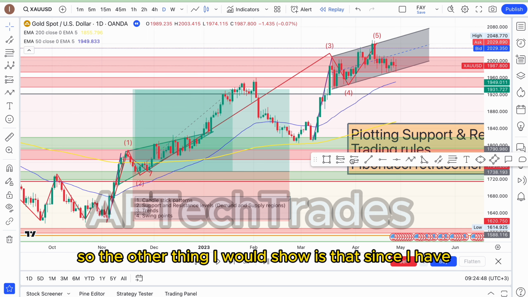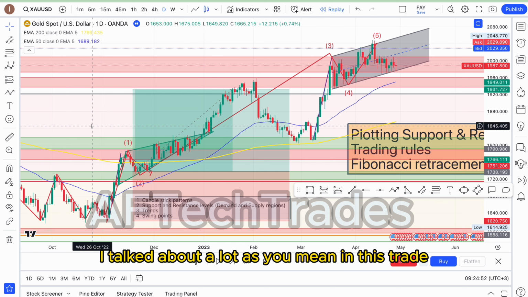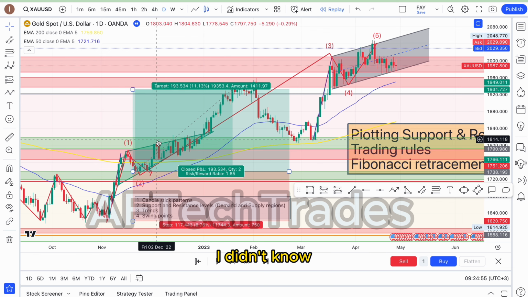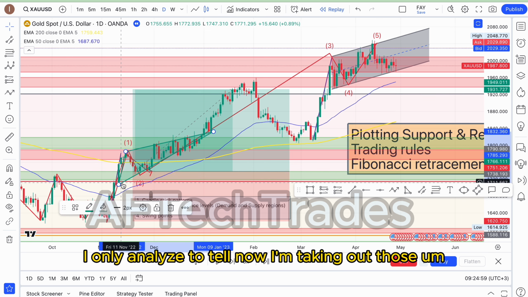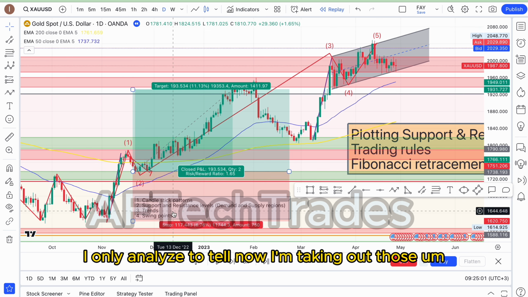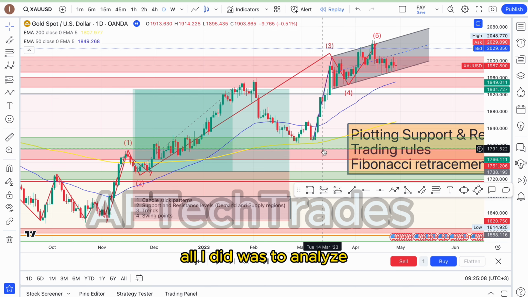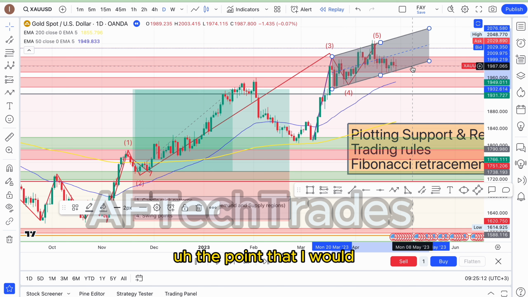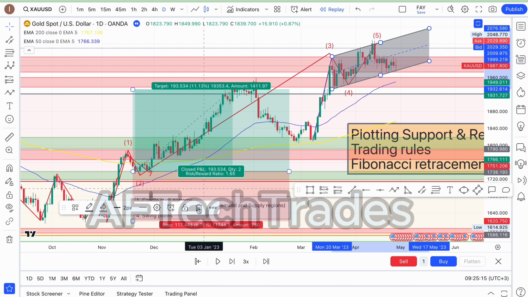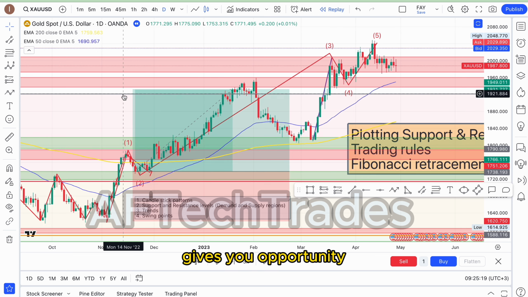The other thing I would show is that since I talked about alerts, assuming in this trade I only analyzed the point that I would enter the market. The TradingView tool gives you the opportunity.